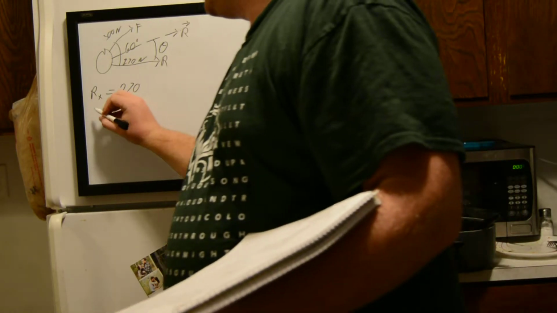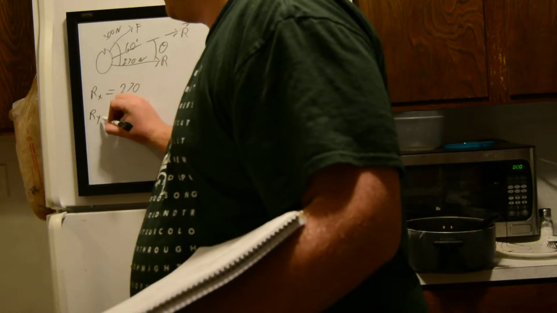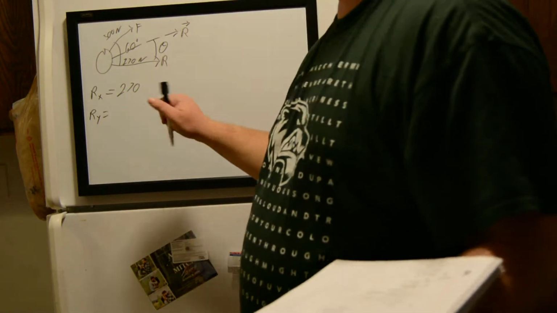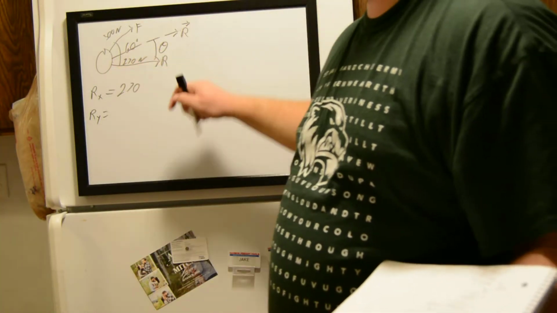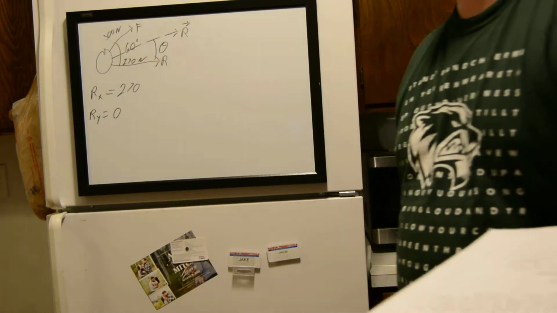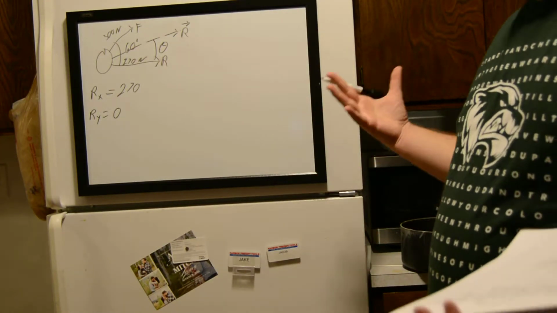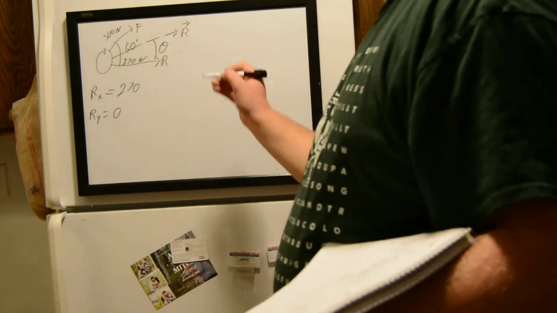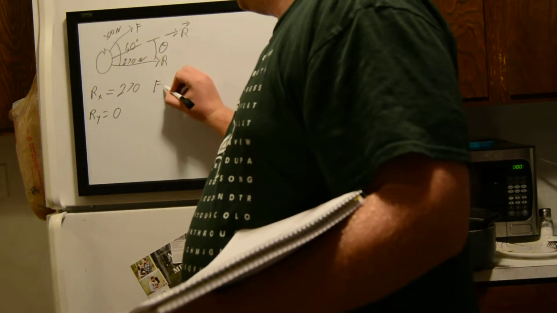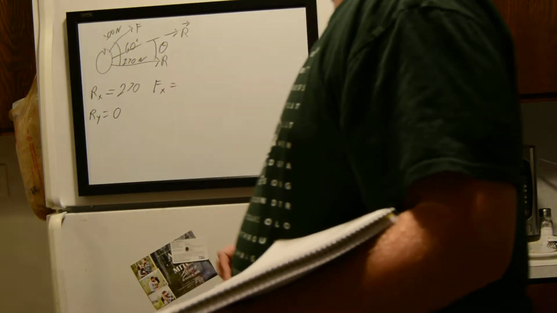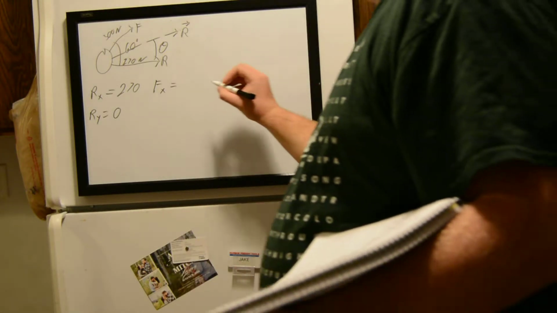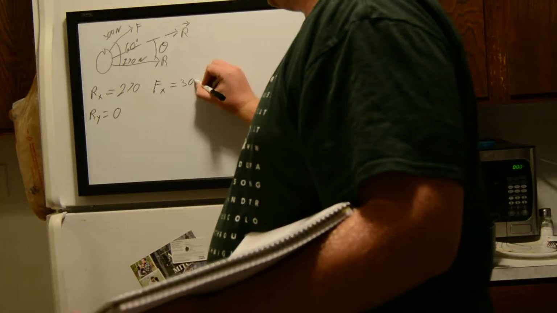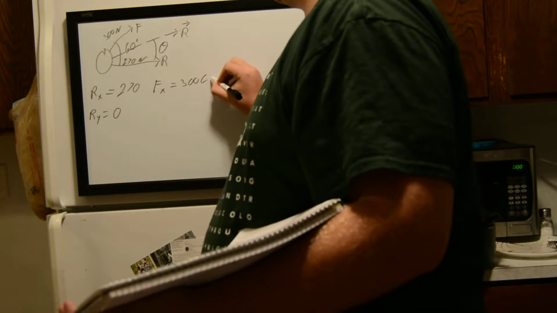And the y component of the Rover vector is just equal to 0, since it's going straight across, acting as the y component.